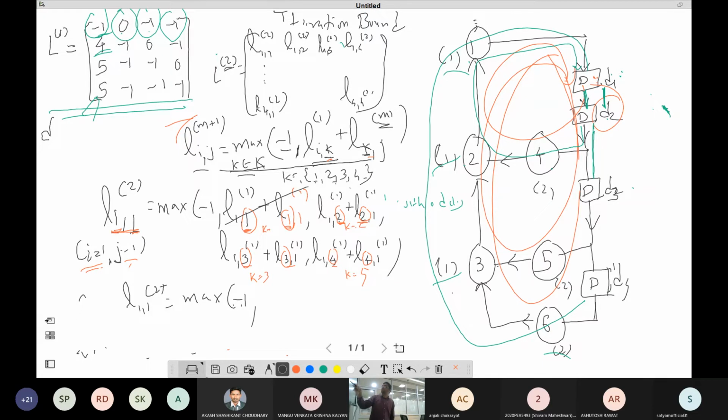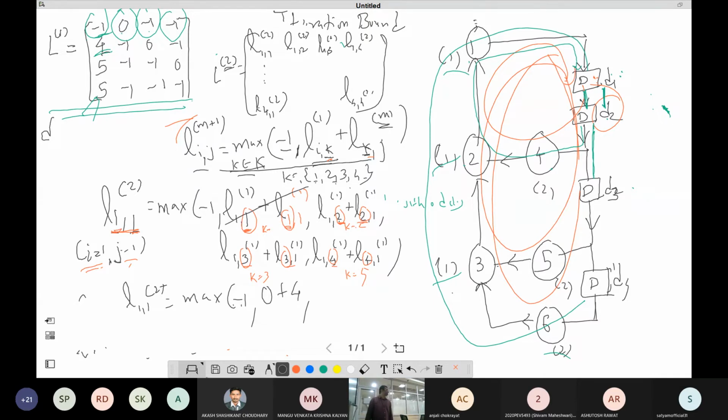Okay, so here it is 4 and L21, sorry, L12 was 0. Just observe our previous graphs. L12 was 0. And what about L21? L21 was 4.